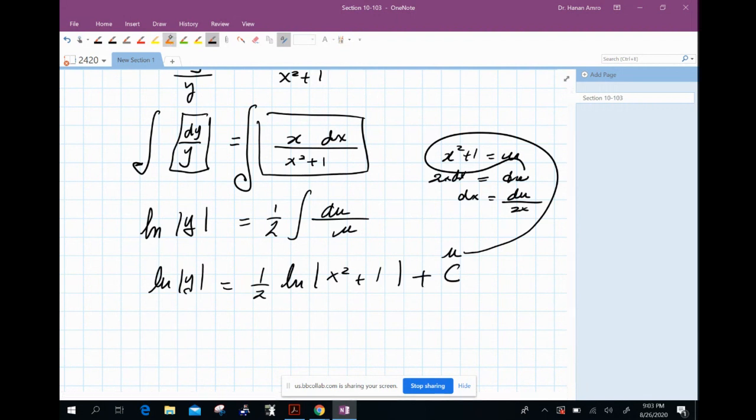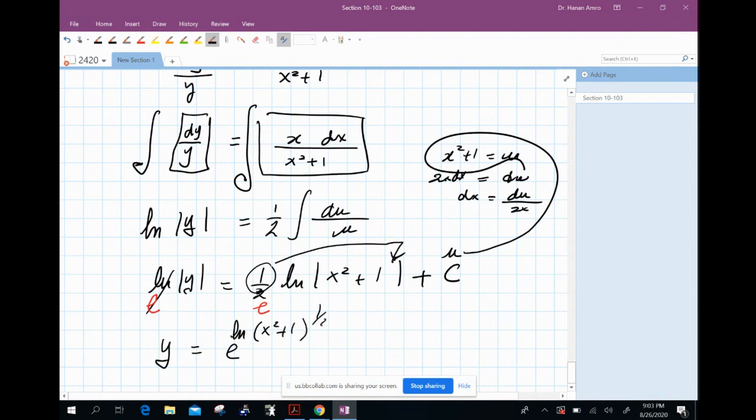Because we're supposed to solve for y, we apply e to both sides of the equation. So we have y on this side, and e and ln cancel each other. The half can travel to the top as a power. So it's e to the ln of x squared plus 1 to the power half, times e to the c.